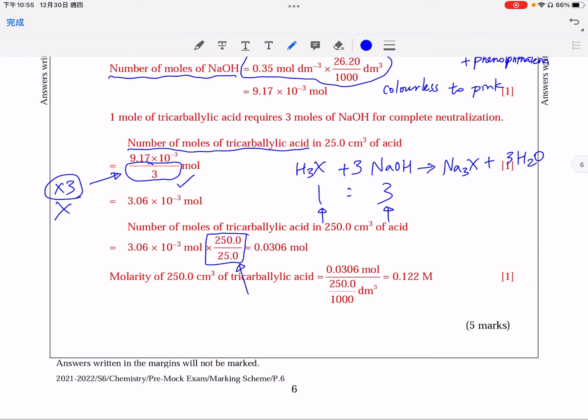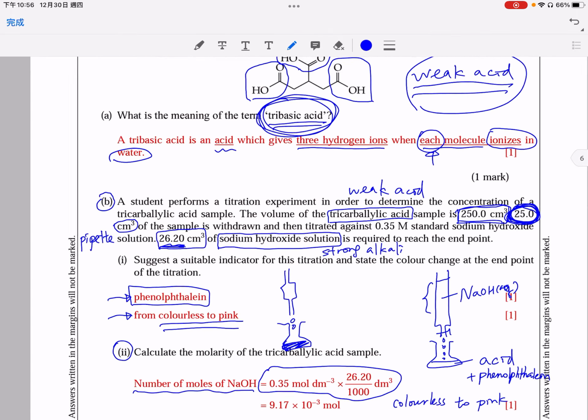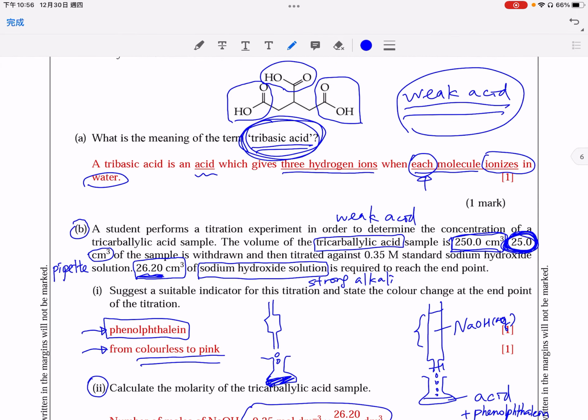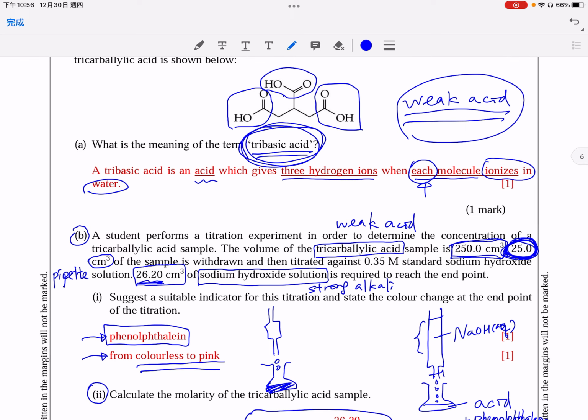And finally, as the original volume is 250.0 cm cube, you have to do this number of moles divided by volume to get the molarity of the acid. Right here, make sure you write good answers by showing the 3 significant figures, because you will find that the data provided by the question are mainly correct to 3 significant figures.